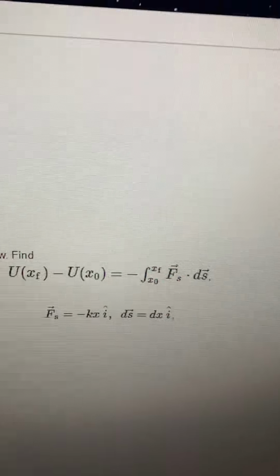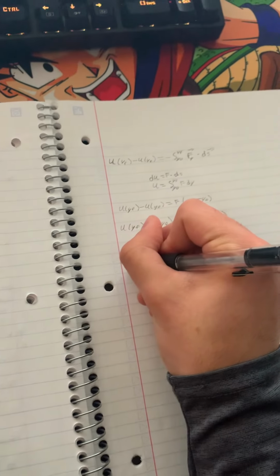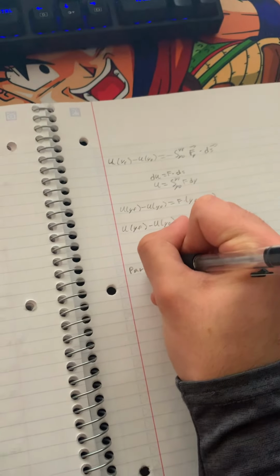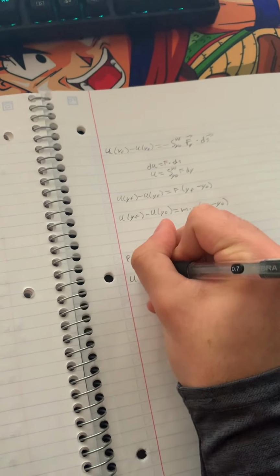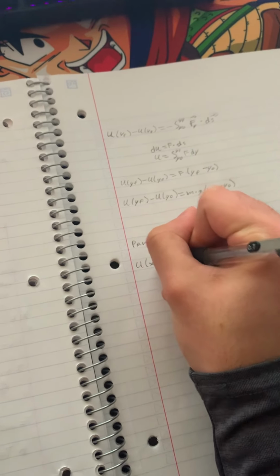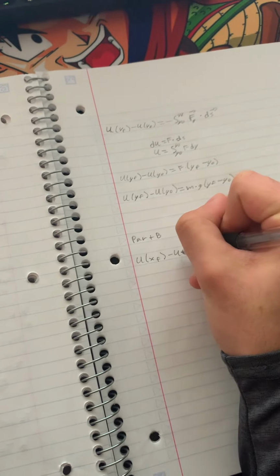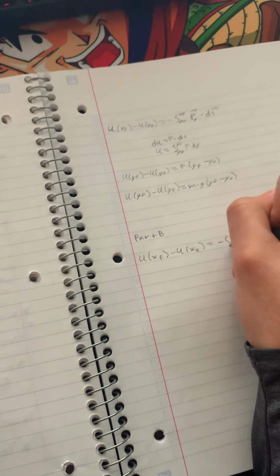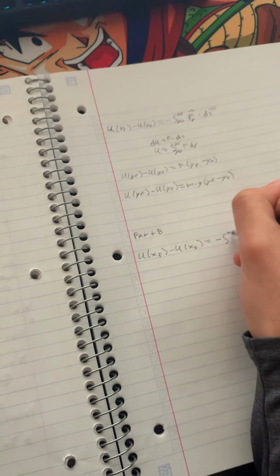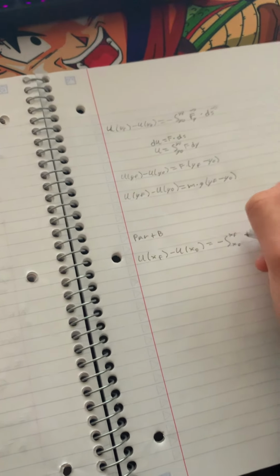Alright, so we're going to use that expression right there, which is part B, and U(x_f) minus U(x_0) is equal to the negative integral from x0 to xf of F.